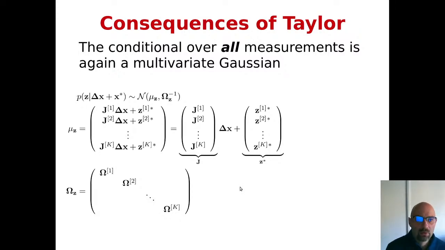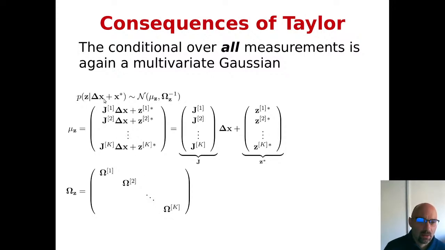We also recall that we were assuming that the measurements were independent. Accordingly, my omega z will be a block diagonal matrix consisting of the omega blocks of the individual measurements, omega 1, omega 2, omega k. Okay?